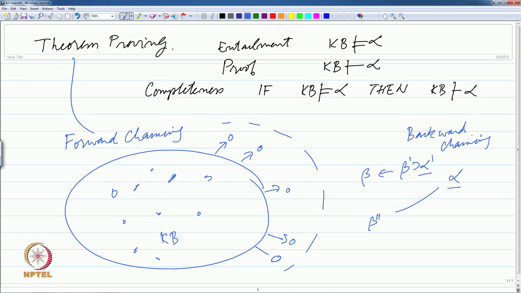You try to work backwards from the thing that you want to show, and hopefully you will reach the set of facts that you have essentially.